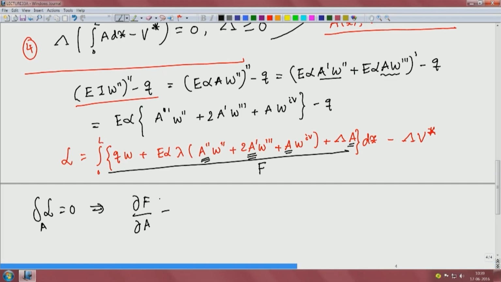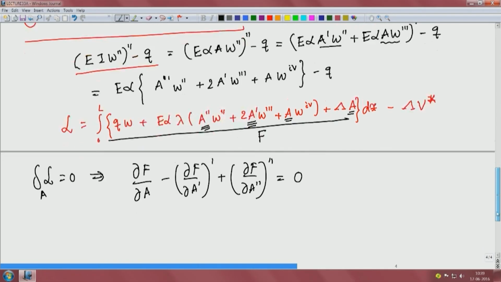So, I have to write dou f by dou A minus the derivative of dou f by dou A prime plus the second derivative of dou f by dou A double prime equal to 0. So, it is a good exercise for Euler-Lagrange equations application. So, we have this, right.